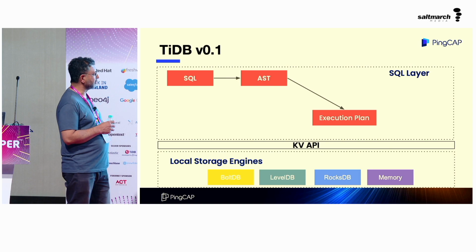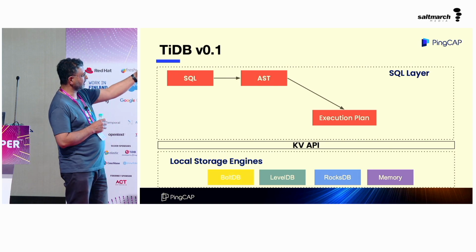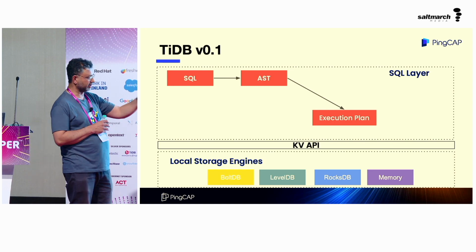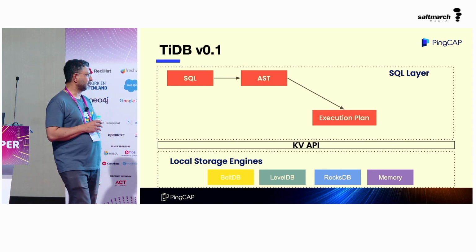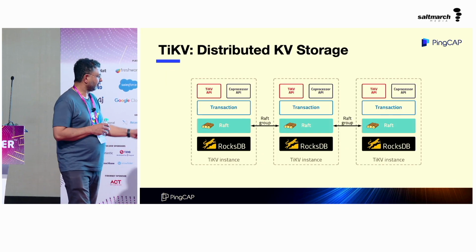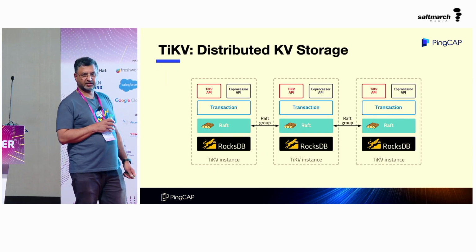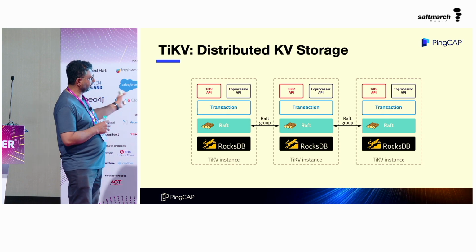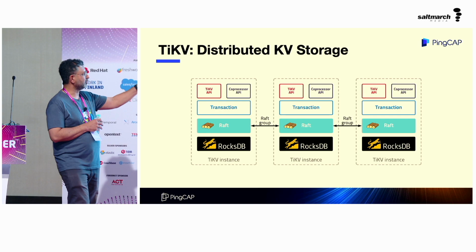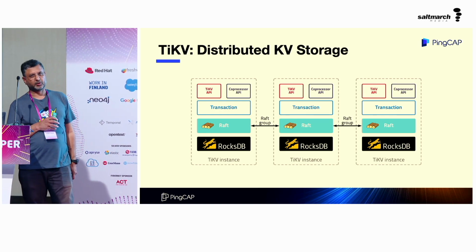We initially wrote a simple SQL parser and optimizer. 0.1, it didn't go too far. Then we settled on RocksDB as a storage engine, and we layered a raft consensus protocol on top of it. So this eventually became what's called the TiKV distributed storage engine.